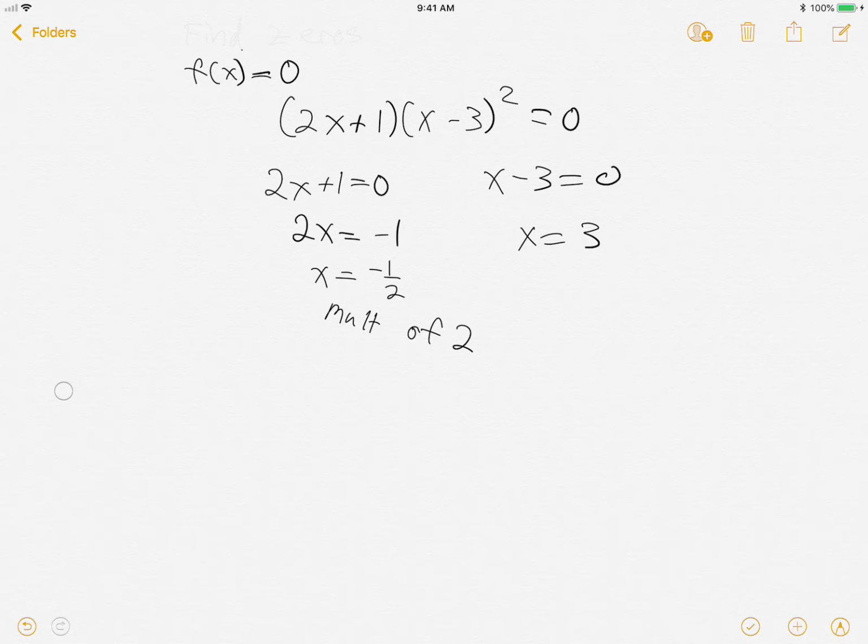Okay? Now, let's figure out degree. To figure out degree, we need to do standard form. So let's go ahead and multiply this out.